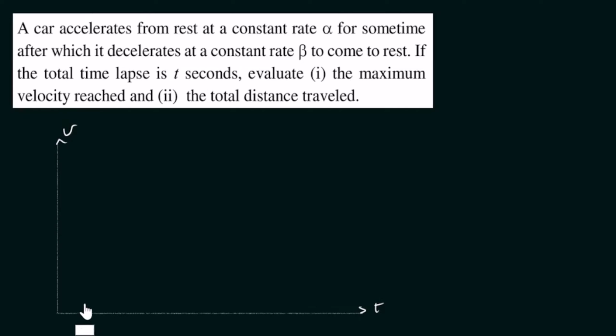Okay, so velocity is increasing linearly, and after that is decreasing with acceleration beta.